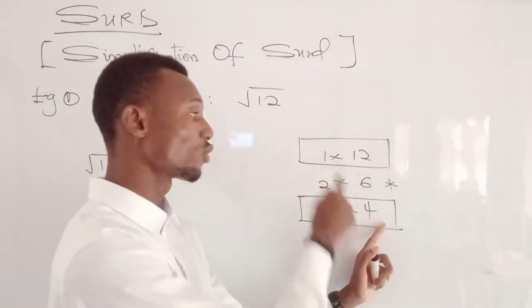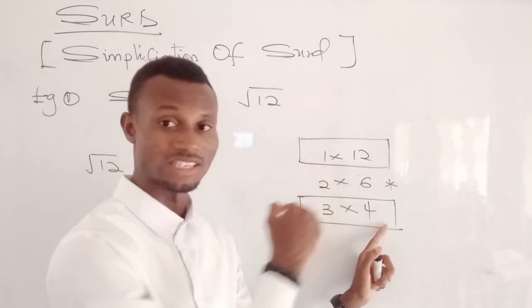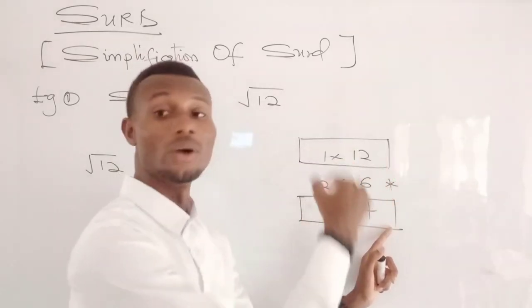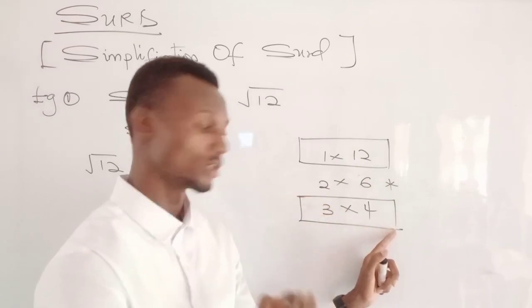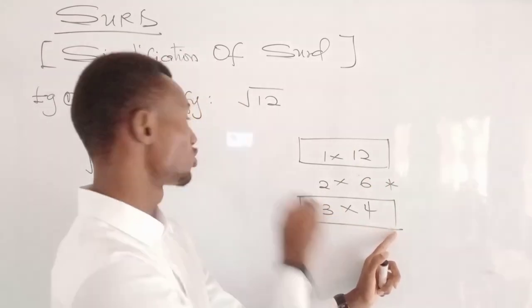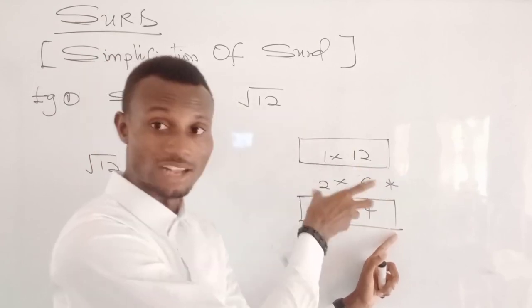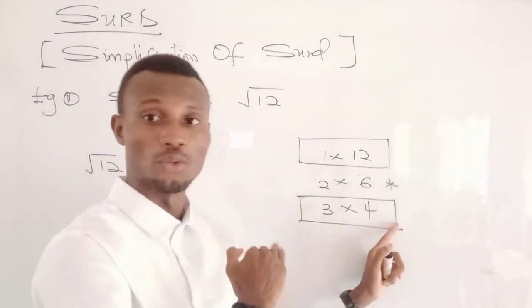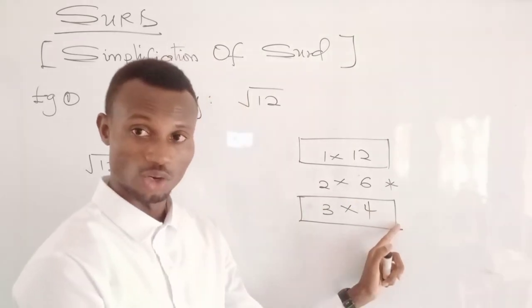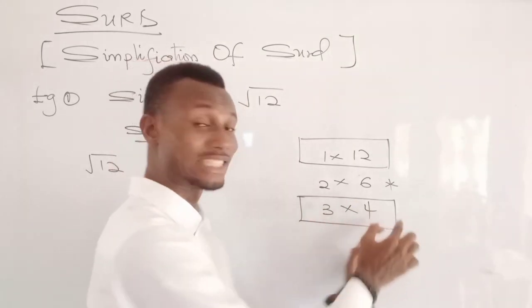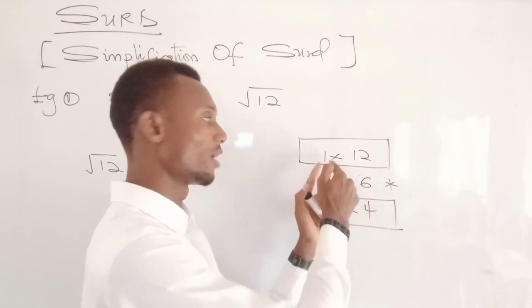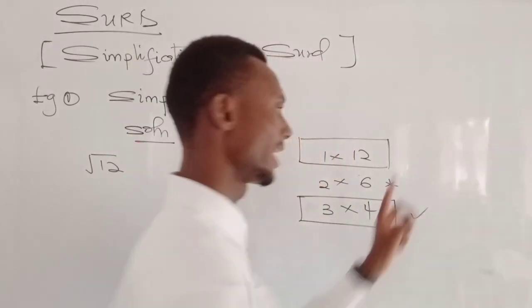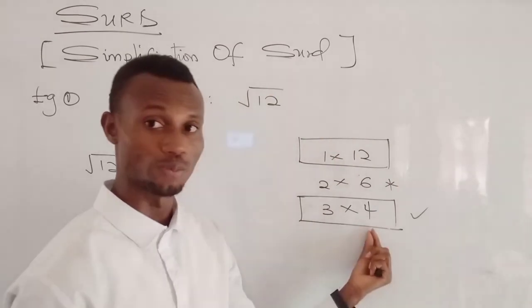The reason why I'm not picking the 1 times 12 is that the 1 we cannot reduce again, and it will be difficult for us to use. When we use the 3 times 4, the 4, when the square root affects it, we can reduce it. That's why we are picking the 3 times 4 instead of the 1 times 12.